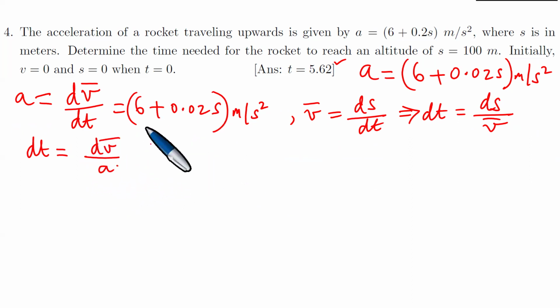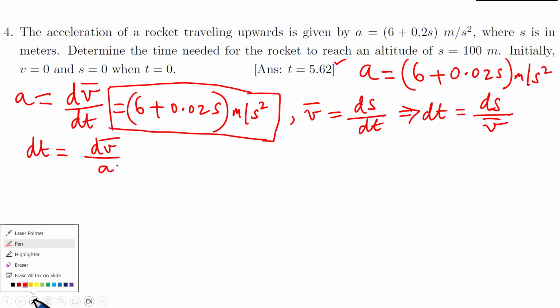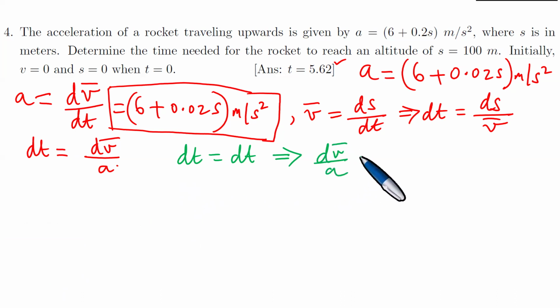We ignore this first and concentrate on the left-hand side of the equation. Upon careful examination, we note that dt must equal itself. So if dt equals dt, this means dv over a is actually ds over v, like this.